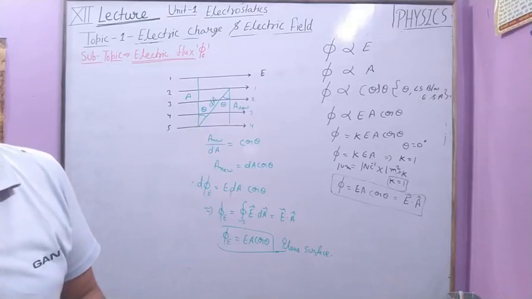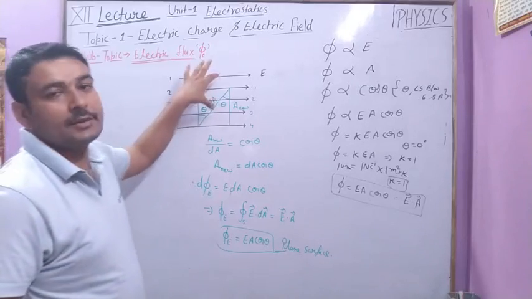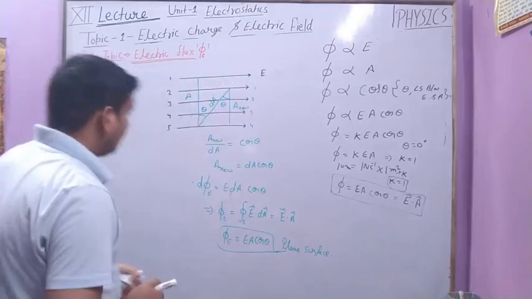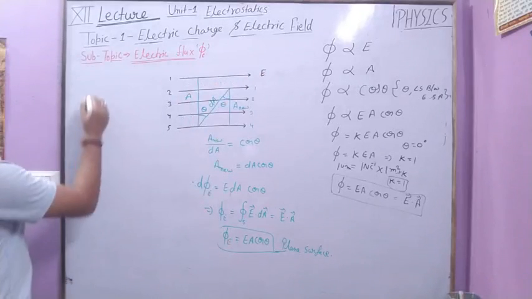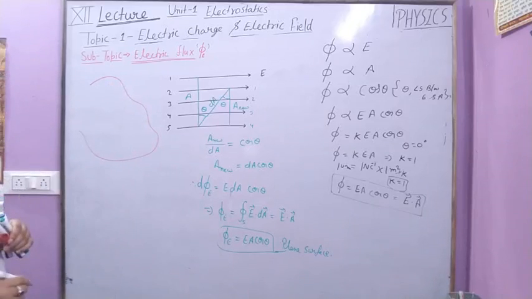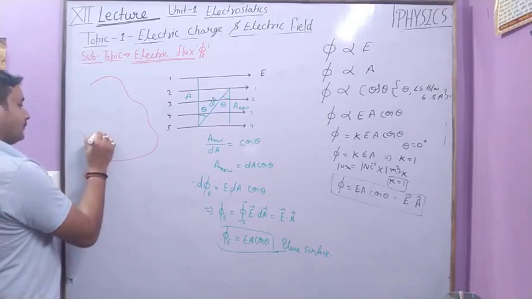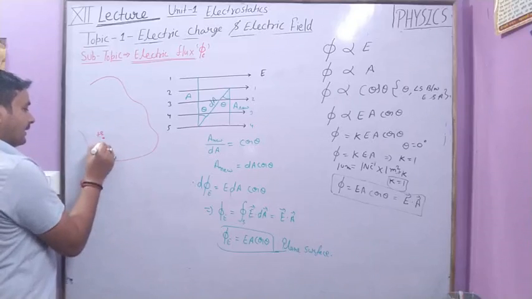But generally we get curved surfaces which are not symmetrical at every point. For example, suppose we have a surface like this, okay, and a charge is kept anywhere inside the surface.